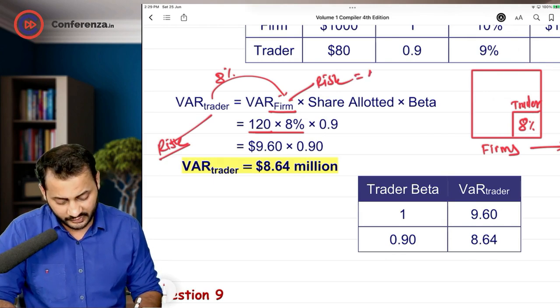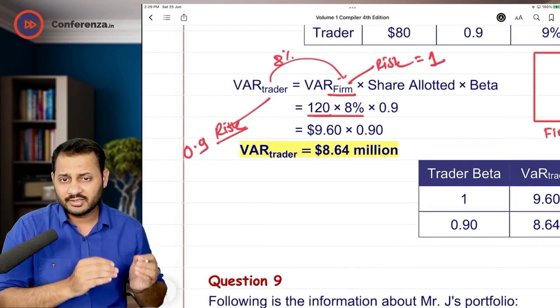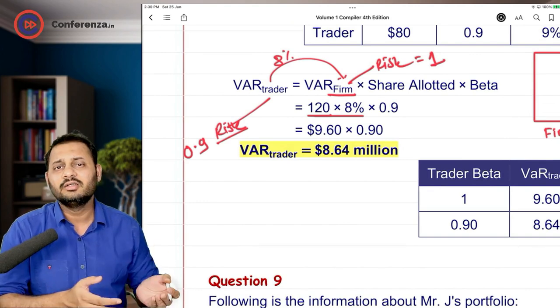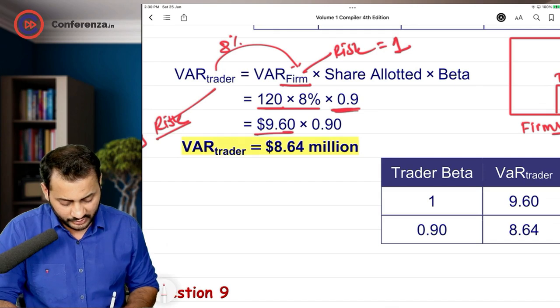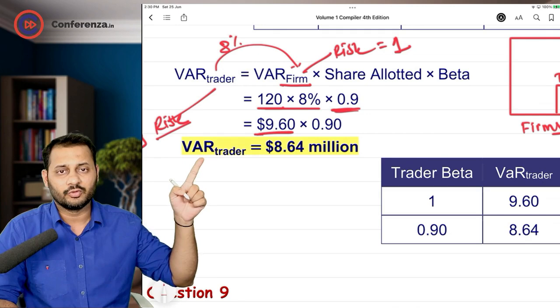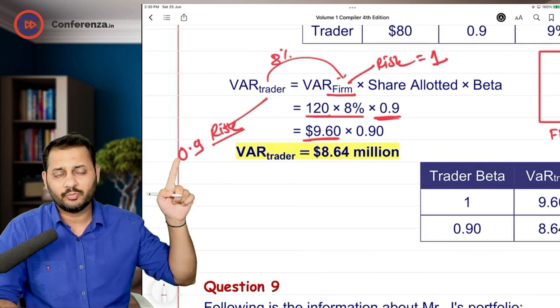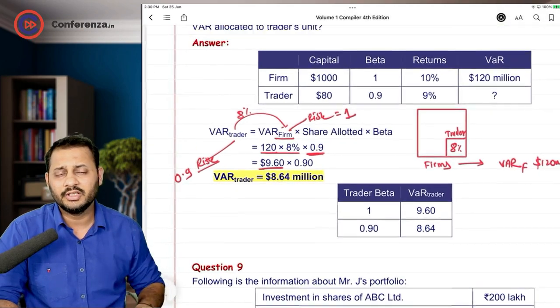The risk of the firm will be assumed as 1 and the risk of the trader will be assumed as 0.9. So it is clear that the risk of the trader is lesser than the firm. Hence, we will incorporate that also. So instead of 9.60 as the VAR, it will be 8.64. Means the 90% or 0.9 of $9.60. That's it. This much is the only answer.